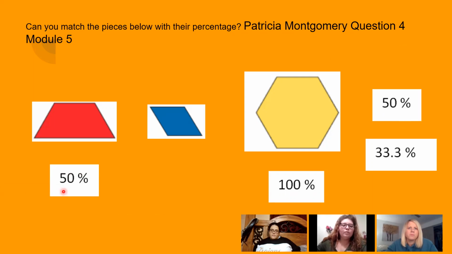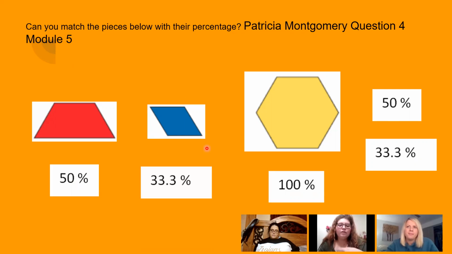For the first one, we could tell that we could fit 2 of those inside of that yellow hexagon, which would be 100 divided by 2, which would give us 50%. So our trapezoid is 50% of our whole shape. And then for the rhombus, it looks like about 3 would probably fit. So if you divide 100 by 3, you would get 33.3% for our rhombus.